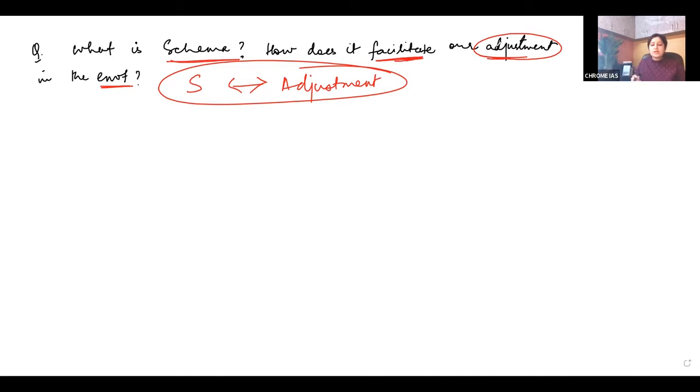So wherever you are connecting, please ensure that you are setting the link between schemas and adjustment, right?